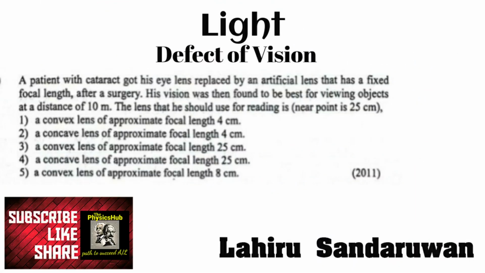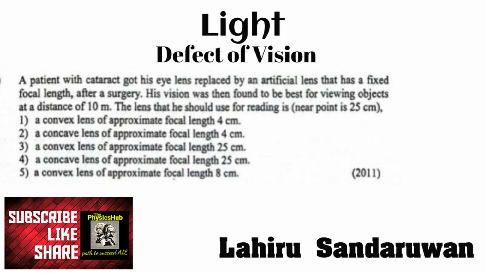A patient with cataract got his eye lens replaced by an artificial lens that has a fixed focal length. After surgery, his vision was found to be best for viewing objects at a distance of 10 meters. The lens that should be used for reading is?